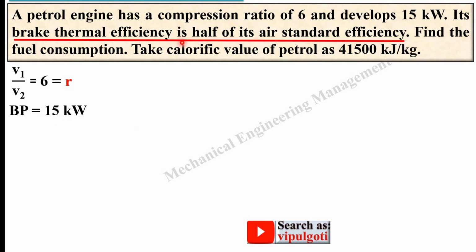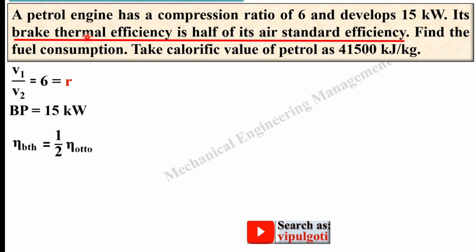Its brake thermal efficiency is half of its air standard efficiency. So brake thermal efficiency, eta BTH, is half of the air standard efficiency. So you know that air standard efficiency of the petrol engine is denoted by eta Otto.